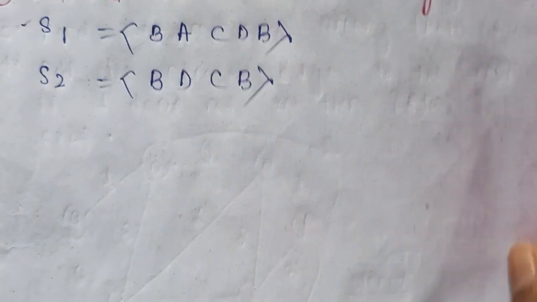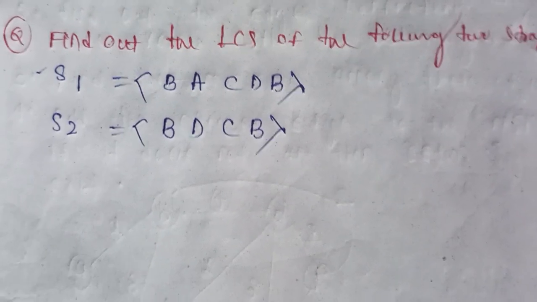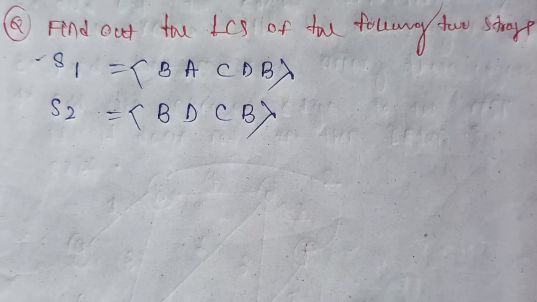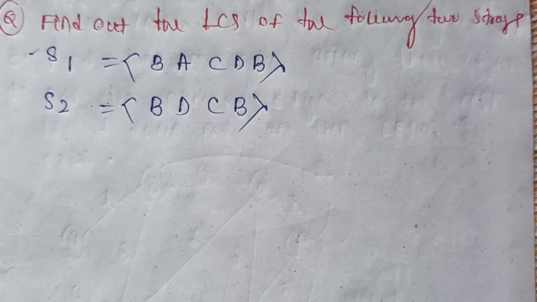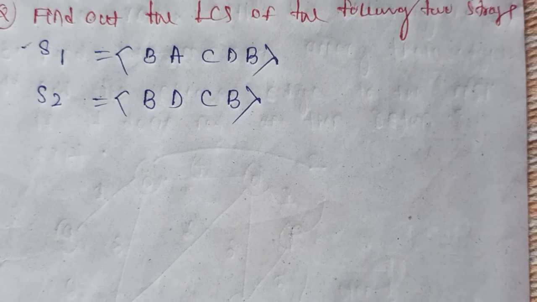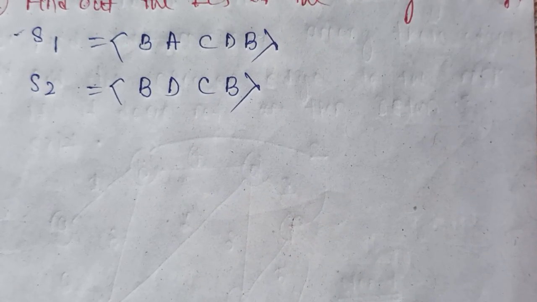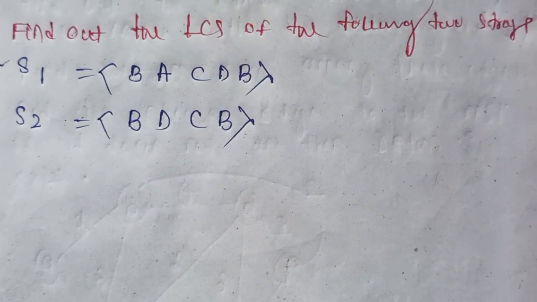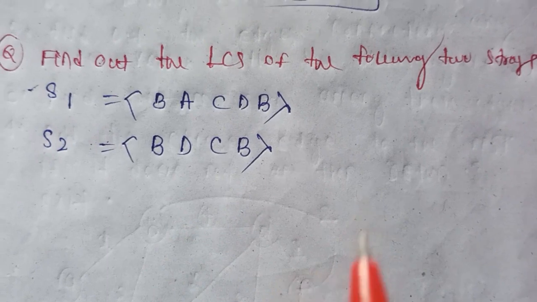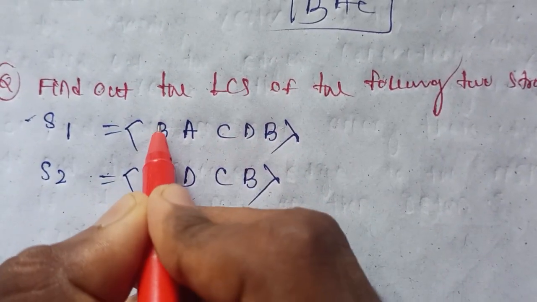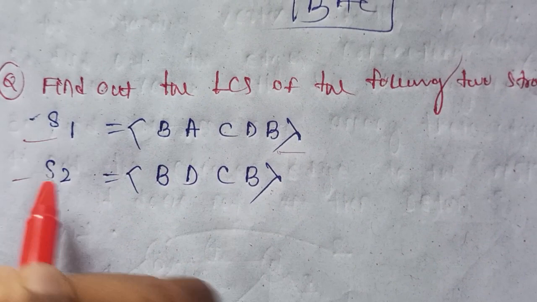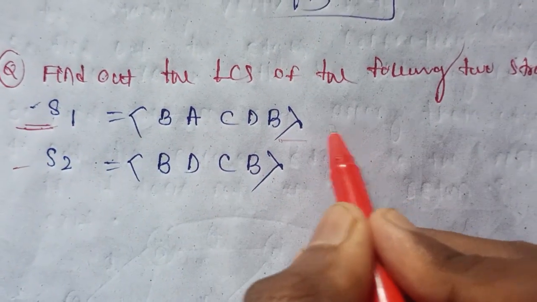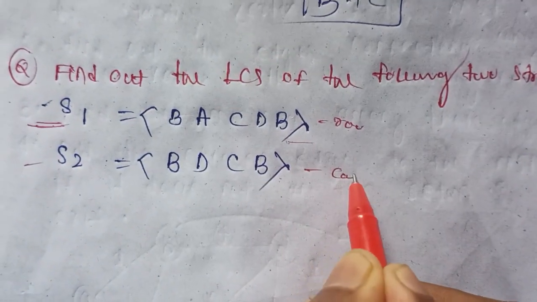To solve the longest common subsequence, first we have to draw a matrix, with rows and columns. You already learned how to draw a matrix in our programming language. First we calculate how many rows and columns we have to draw. You can choose any string as the row and the other as the column. I simply choose the first one as the row and the second one as the column.